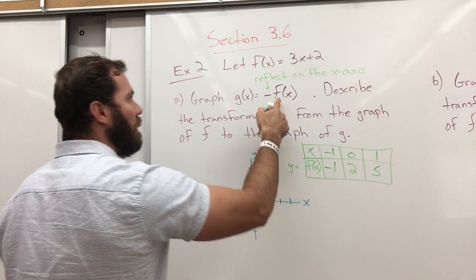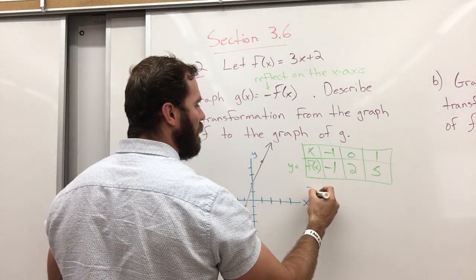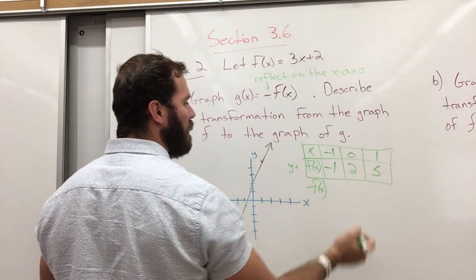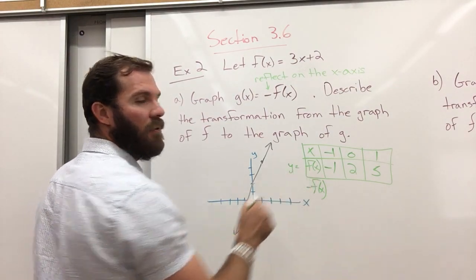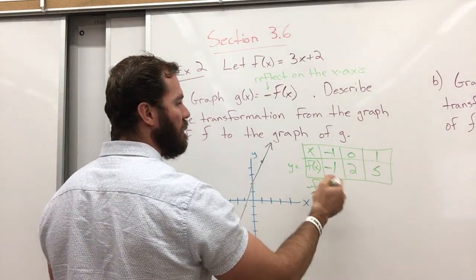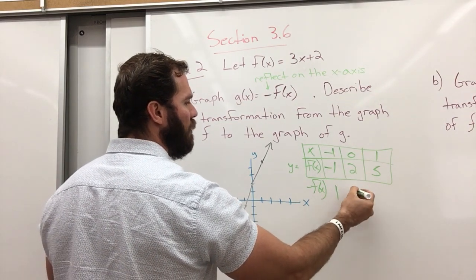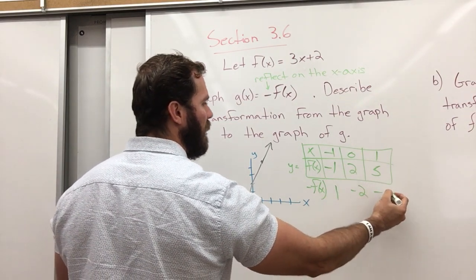Now, we want to graph the negative f of x. So we're basically taking the opposite of what f of x is. What's the opposite of -1? 1. Opposite of 2? -2. Opposite of 5? -5.